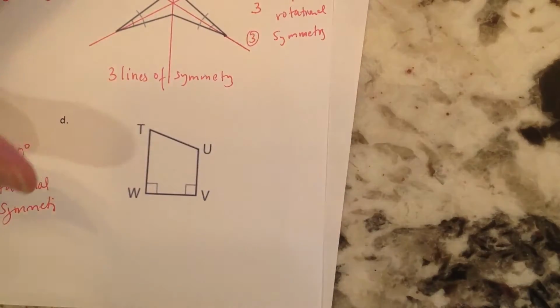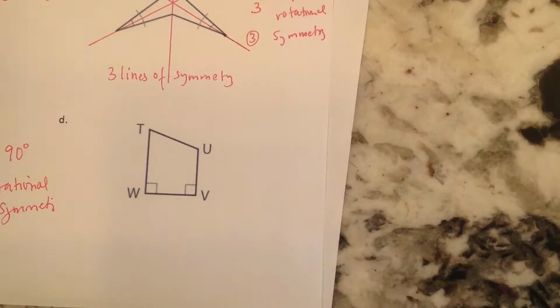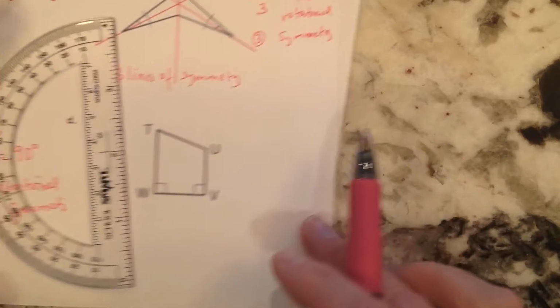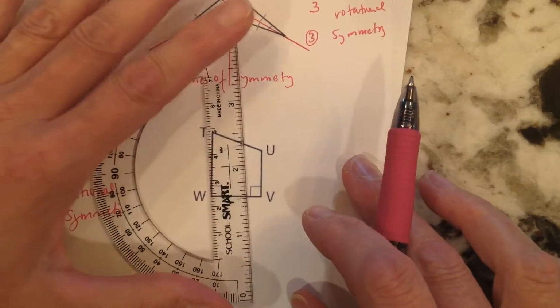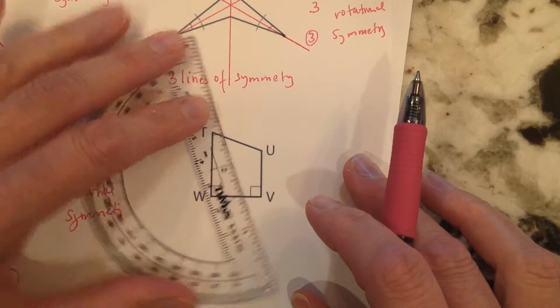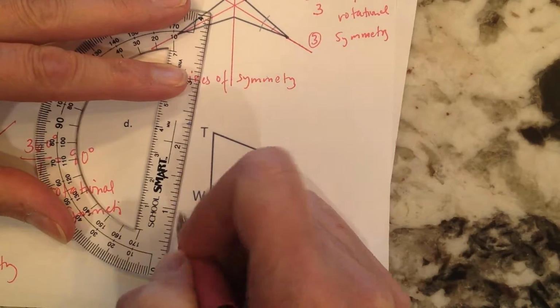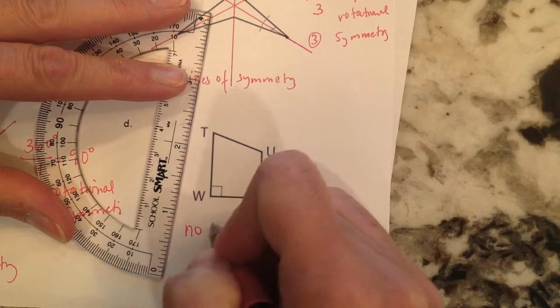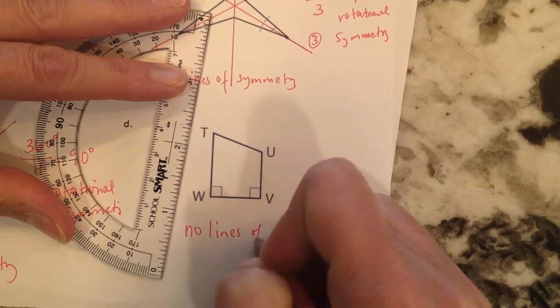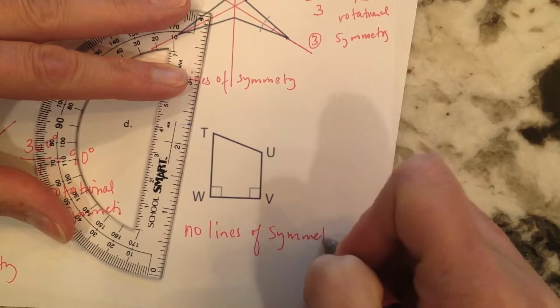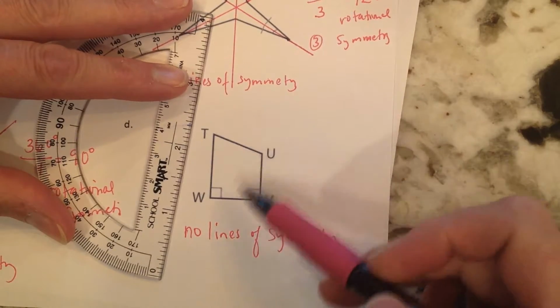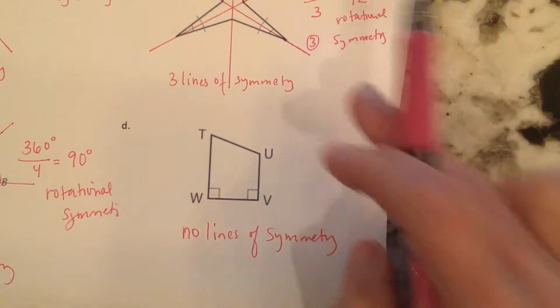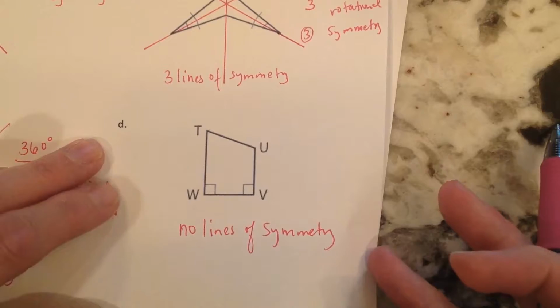Is there any way where we can draw a line that will make it so that when it will directly fold on top of itself? I'm not seeing anything. I don't think there are any lines of symmetry. So like I said before, a figure does not need to have a line of symmetry or even rotational symmetry.